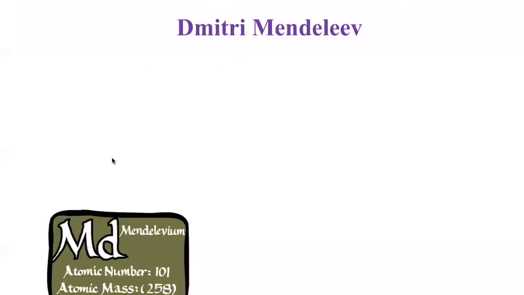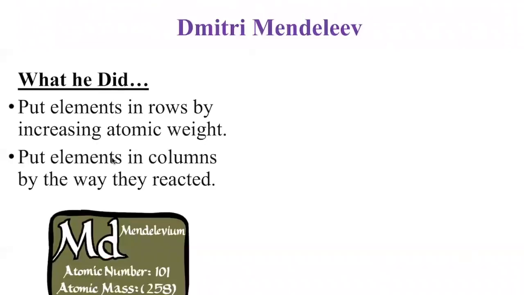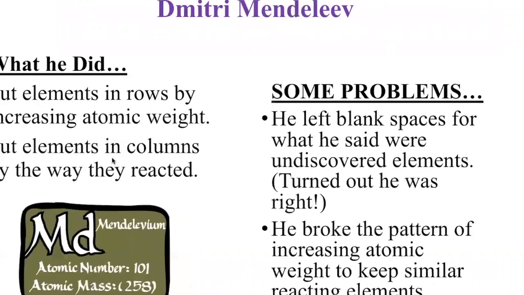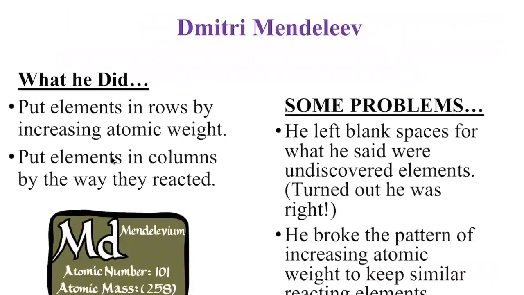Diving deeper into the periodic table, the father of the periodic table is known as Dmitri Mendeleev. He started discovering the elements and organizing them in a table. What he did is he put elements in rows in increasing atomic weight, and he put elements in columns depending on the way they reacted.